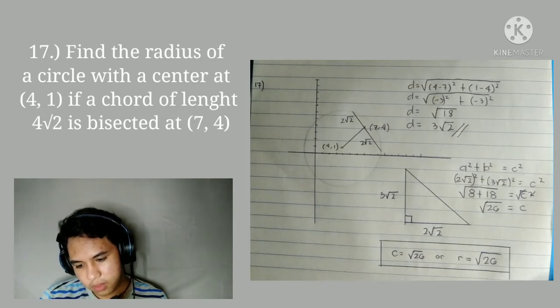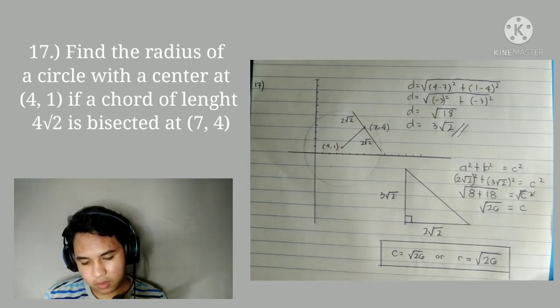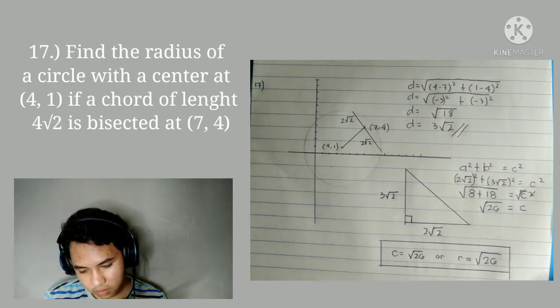So we can now solve for the radius using the Pythagorean theorem, since we have our height, which is 3√2, and our base, which is 2√2. We use the formula a squared plus b squared equals c squared, where a is 2√2, b is 3√2, and c is unknown.